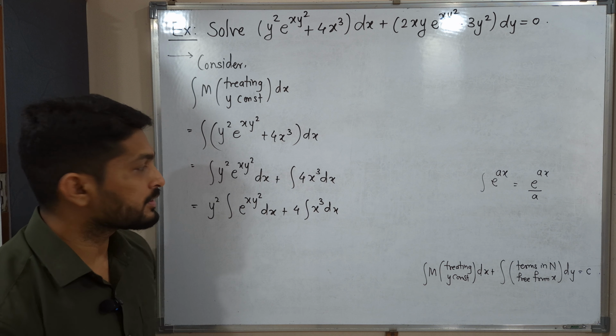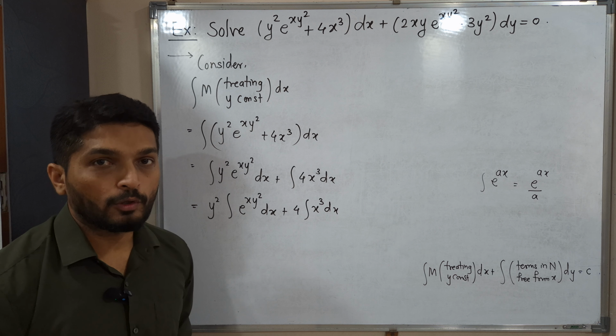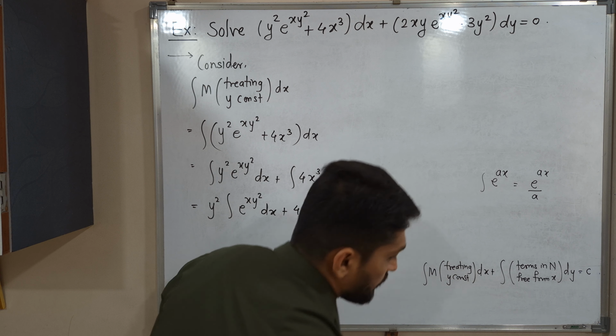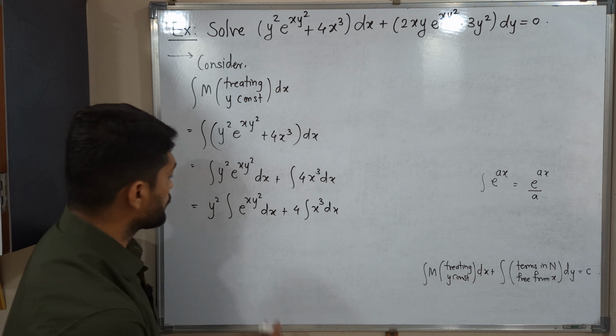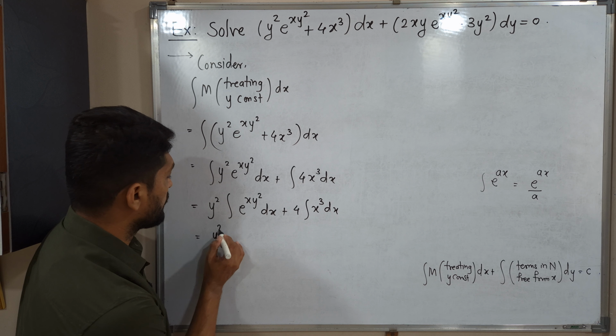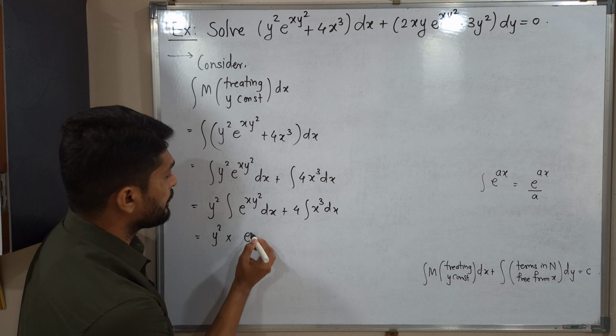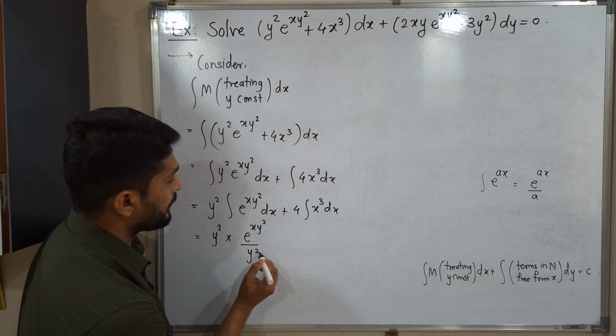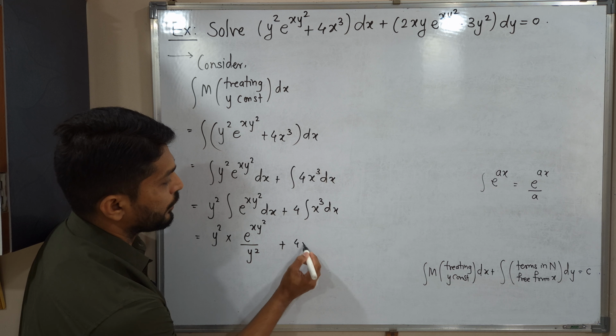If you have any constant as a multiple of x, you can write it in the denominator. I will do the same. So y square into integration will be e raised to xy square, and y square is a constant, so I am writing it in the denominator, plus 4.